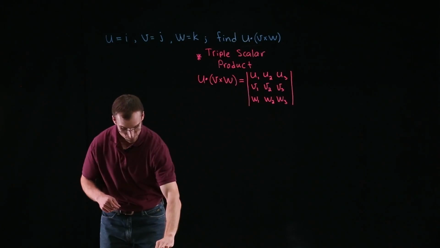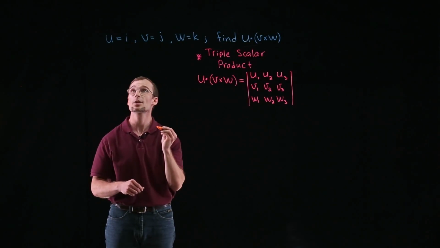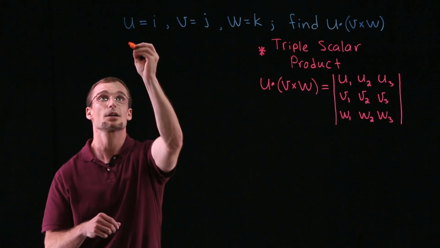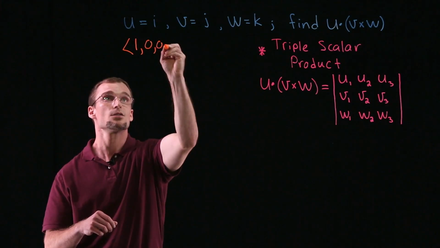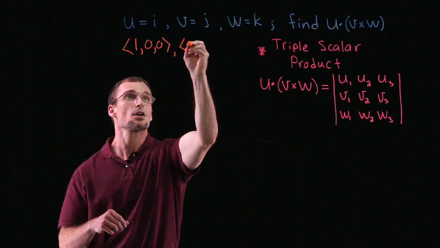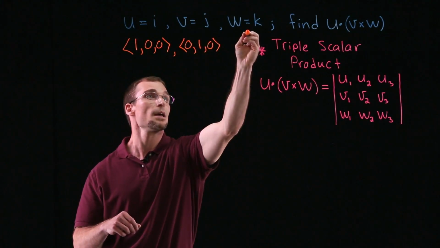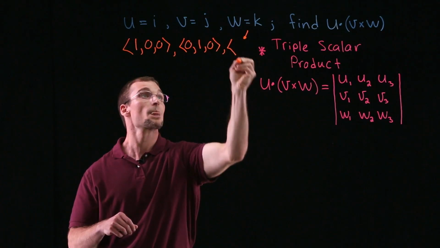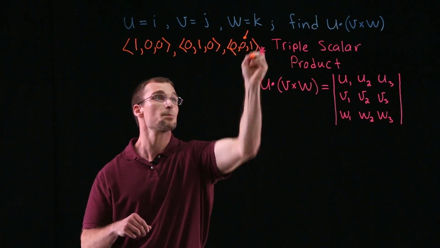So to start with, let's take a look at our u, v, and w and see what we have. These are just the unit vectors. So i is the vector with components 1, 0, 0. j is our unit vector with components 0, 1, 0. And k is a vector with components 0, 0, 1.